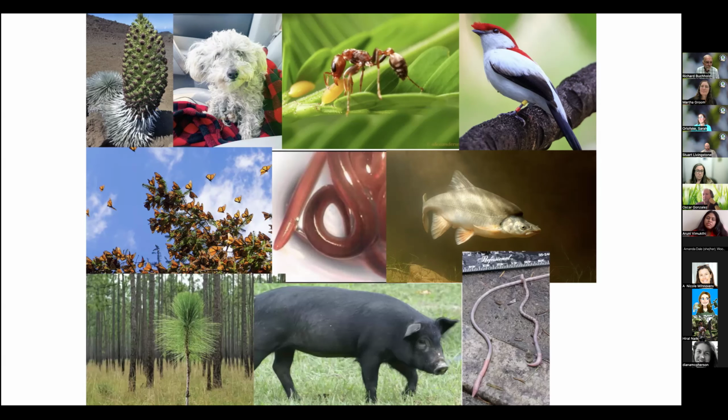And then here's a few more: the longleaf pine and the ecosystem it inhabits, a critically important ecosystem in the southeastern United States. This is the mulefoot hog. This is a domestic pig species, or breed rather, that is considered endangered because people don't keep very many of them anymore. And then the Oregon giant earthworm.